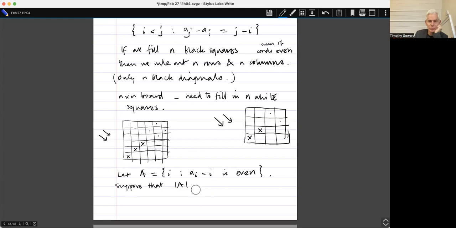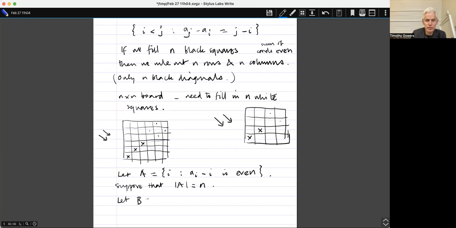In fact, we might as well make it equal to n. We know that if we've got to occupy every single diagonal, then it's got to have size n, and then the complement's going to have size n as well. So then let B be the set of a_i such that i belongs to A.